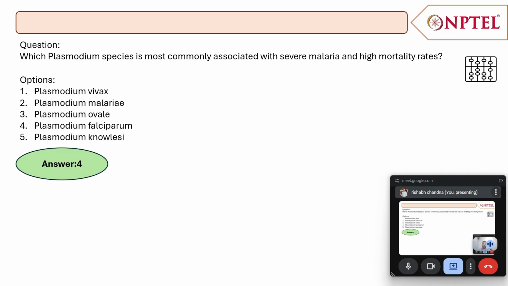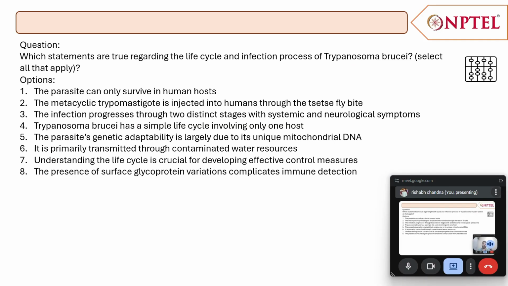So the correct answer is option 4, that is Plasmodium falciparum, that causes severe malaria and the high mortality rates. Okay, out of the following. Now let's move on to the next question.